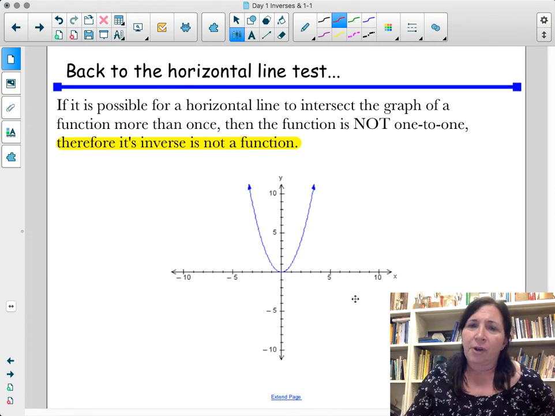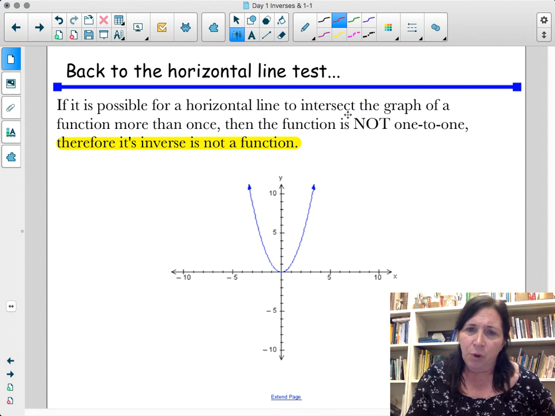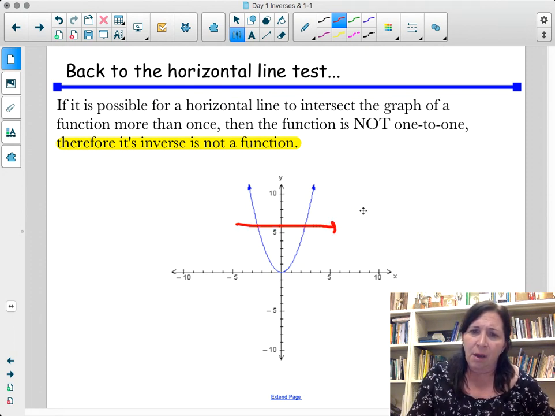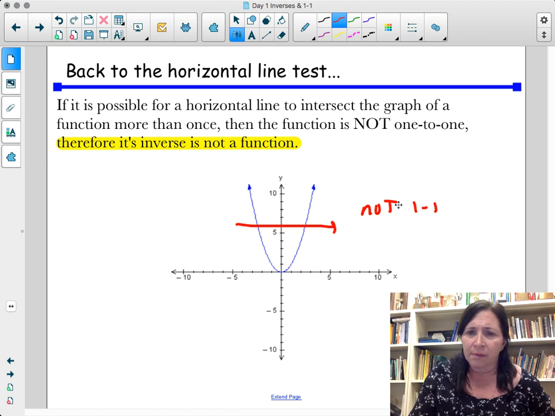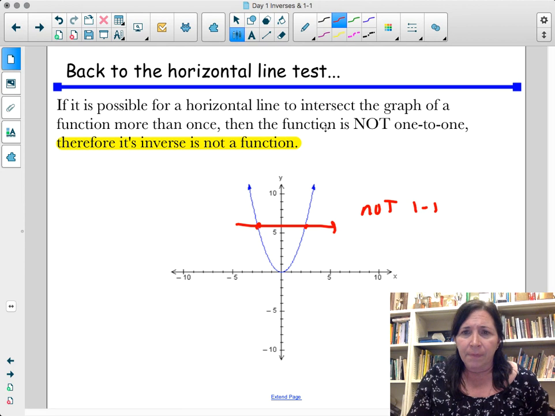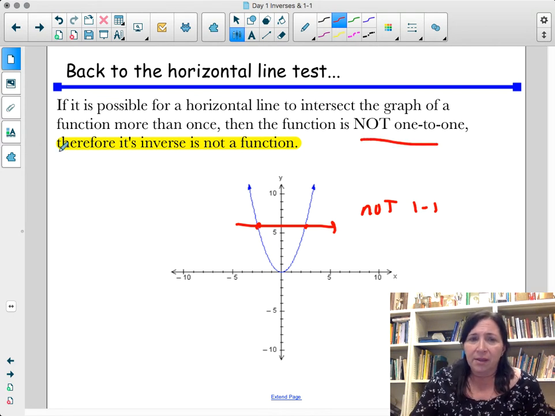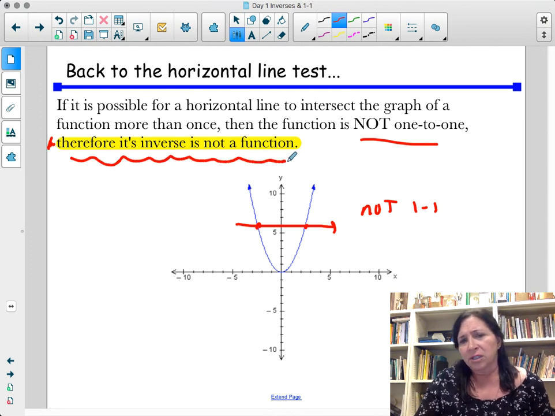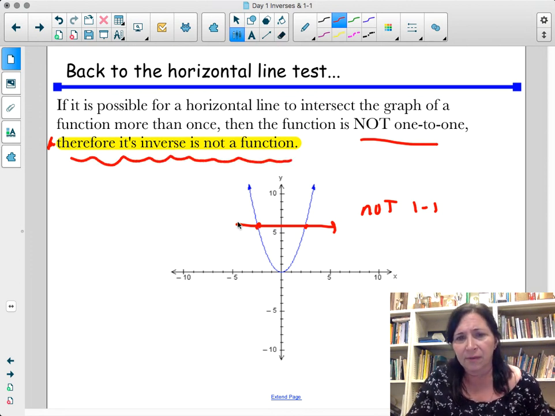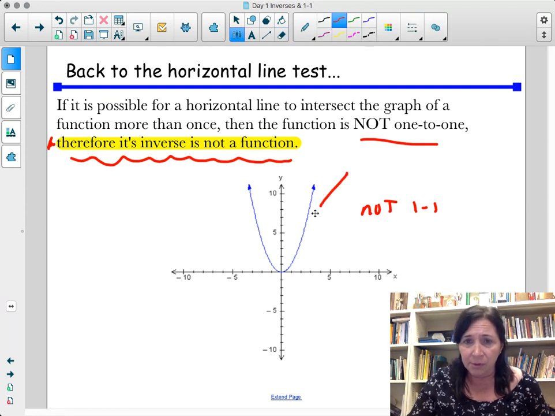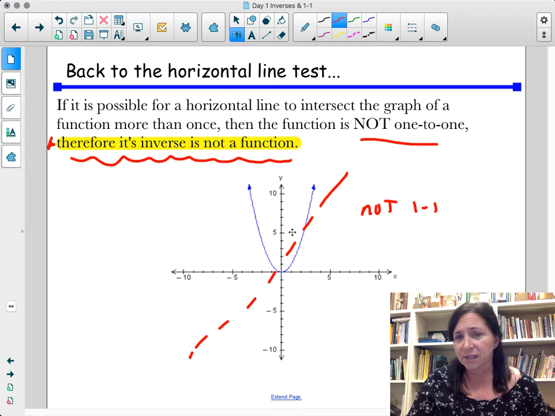All right. So back to the horizontal line test. This is kind of important. Again, this is not one-to-one. It's not one-to-one because I have two values for y a lot. If you can graph the function more than once, then the function is not one-to-one, but this is what's important. Therefore, its inverse is not a function. So if you recall, the inverse for a parabola is going to be reflected across the y equals x axis.